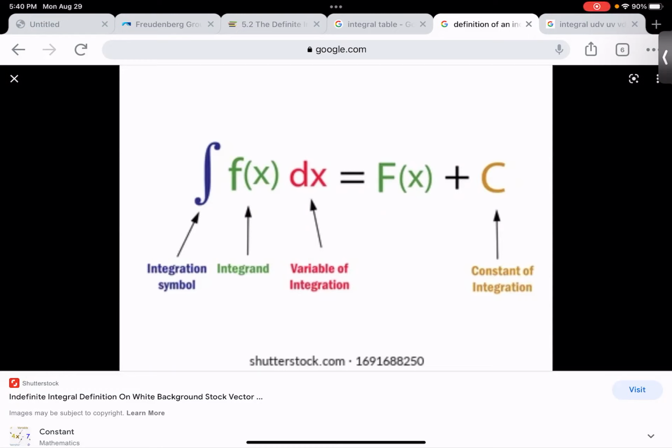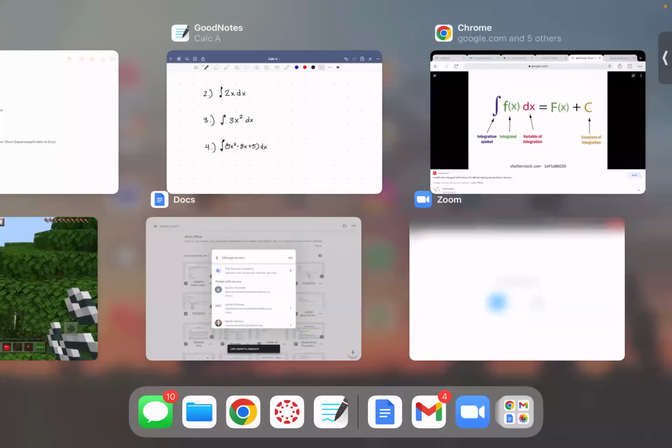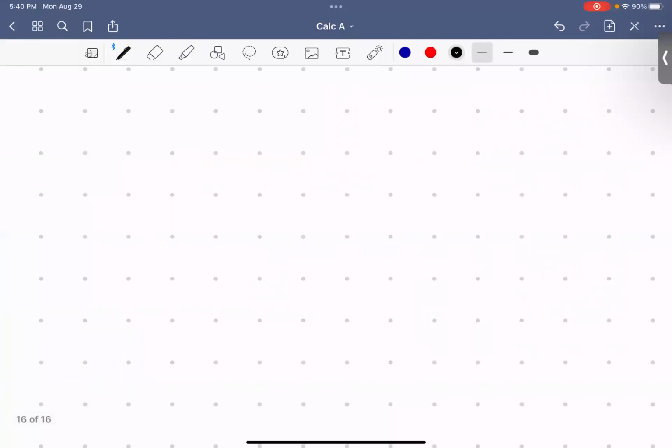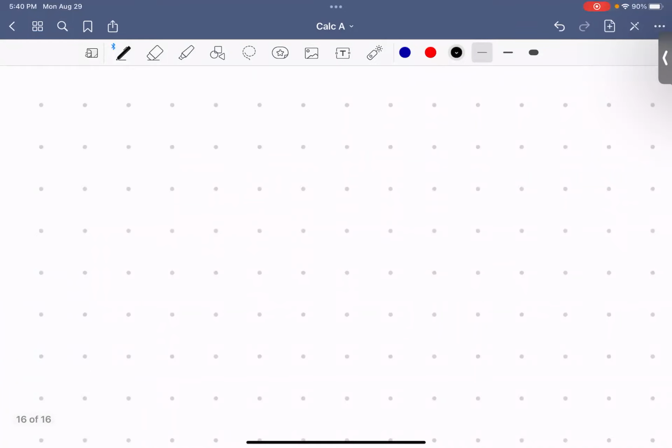For example, say we have F of x plus c, and we find the derivative of that. It would be lowercase f, and since c is a constant, it would go away.